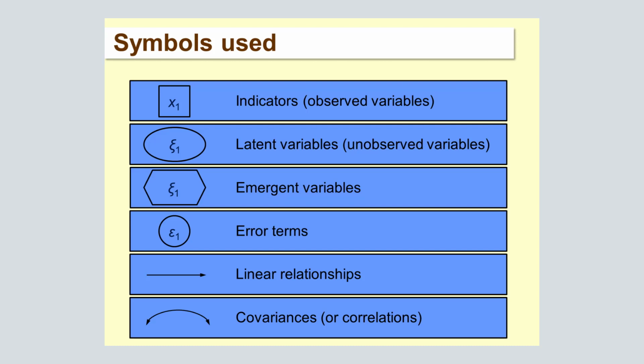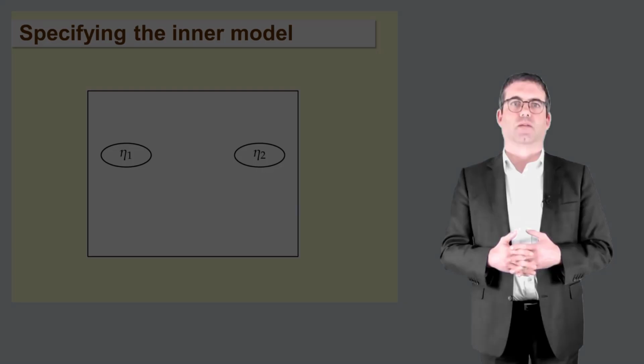Please note that emergent variables can be observed or unobserved depending on whether their indicators are observed or unobserved. Circles represent error terms or disturbance terms. Single-headed arrows represent linear relationships, and double-headed bowed arrows represent covariances, or their standardized form, correlations.